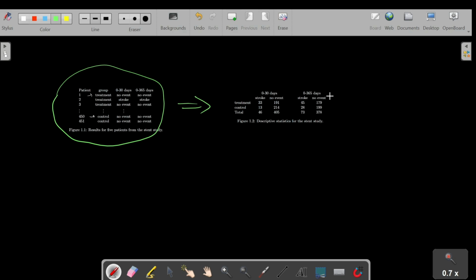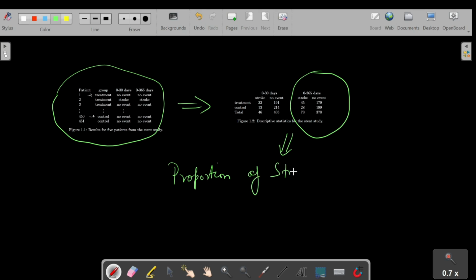Similarly, between 0 to 365 days, we also look at whether the people in the treatment and control group have been exposed to a stroke, or there is no stroke within the 0 to 365 days. We will be looking at this 0 to 365 days event, and calculating from here the proportion of stroke event in the treatment group and the proportion of stroke event in the control group. So our summary statistic is the proportion of stroke event.